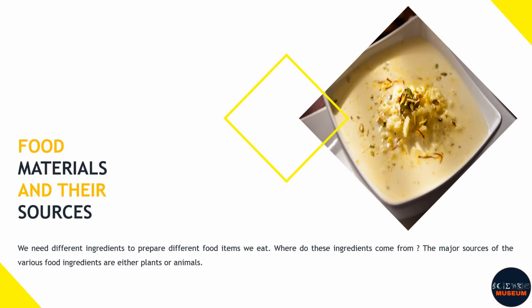As I have told you, we need different ingredients to prepare the different food items that we eat. So the question is, where do these ingredients come from? What are the major sources of these ingredients? The major sources of various food ingredients are either plants or animals.